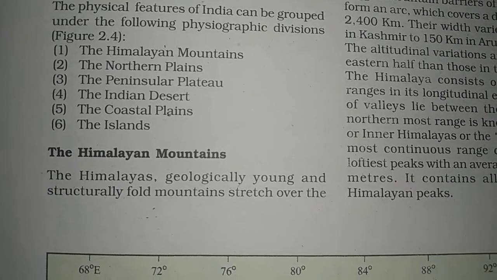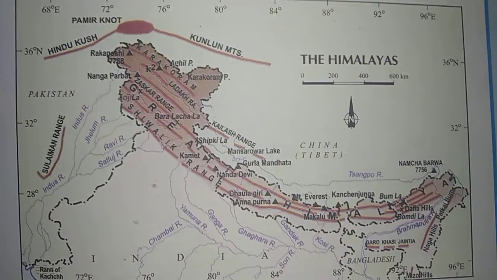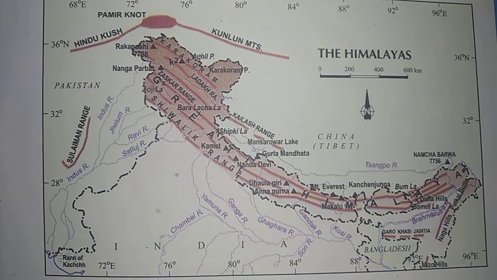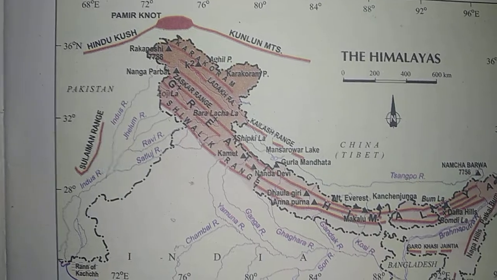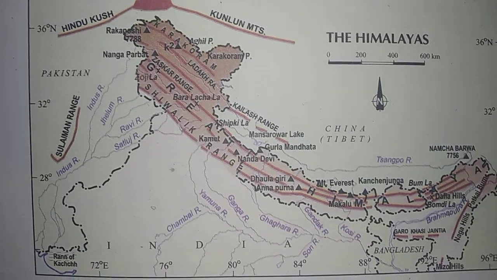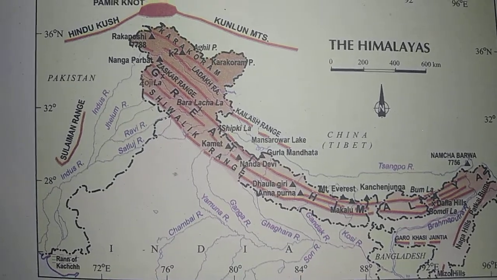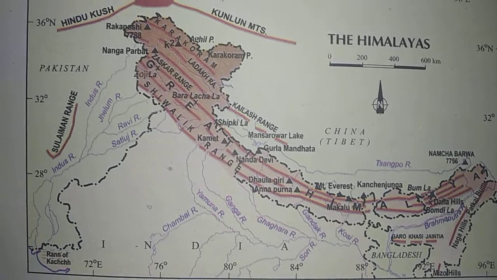The Himalayan mountains are stretched over the northern borders of India. These mountain ranges run in a west-east direction from the Indus to the Brahmaputra. The Himalaya consists of three parallel ranges in its longitudinal extent. The northernmost range is known as the Great or Inner Himalayas or the Himadri.